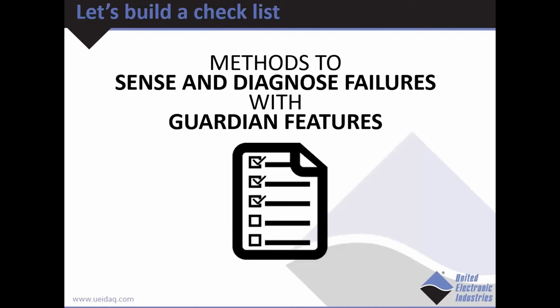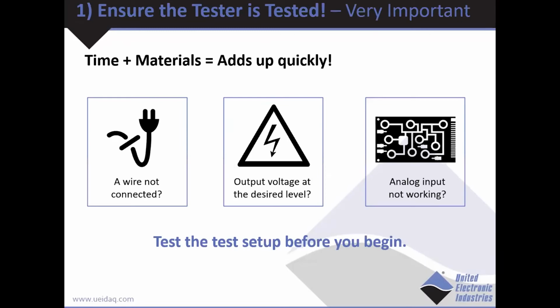So let's build a checklist. Let's look at methods to sense and diagnose failures with our Guardian features. So one thing is to ensure the tester is tested. And this is very important because time and materials add up quickly. When you're constantly debugging, troubleshooting cable issues, broken sensors, that leads to a lot of downtime.